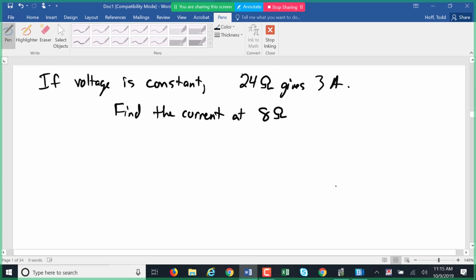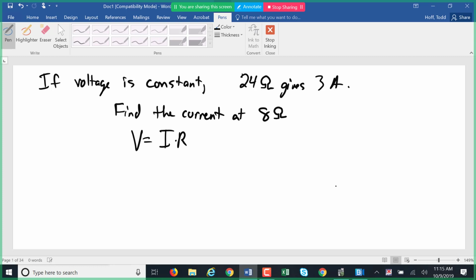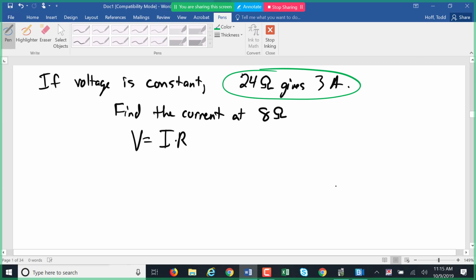So again, voltage equals current times resistance. We're given that initial condition: 3 amps and 24 ohms gives the voltage. We just multiply those to get 72 as the voltage.